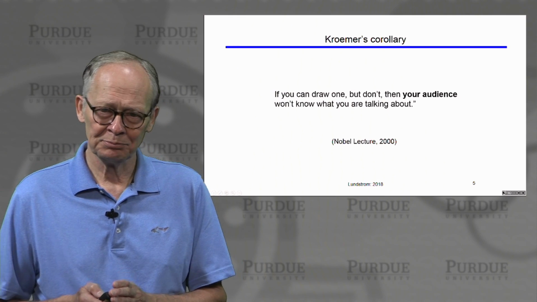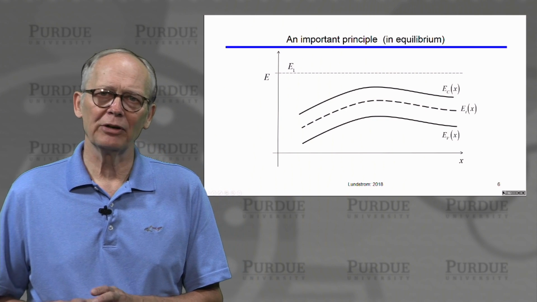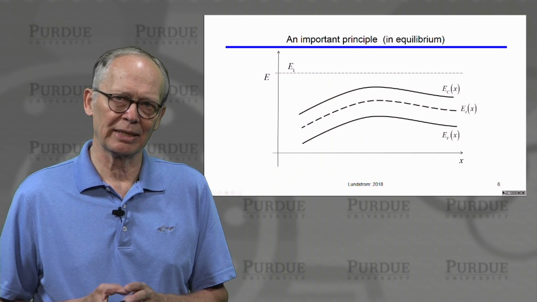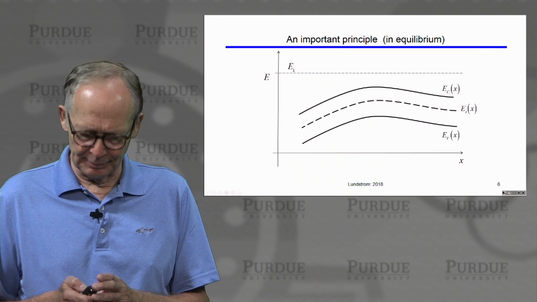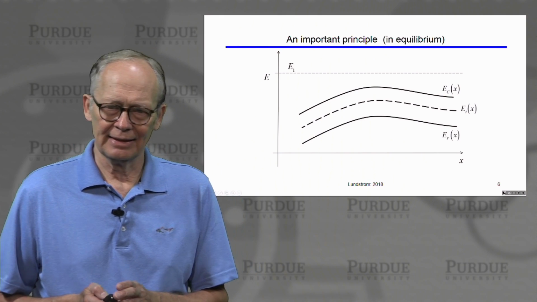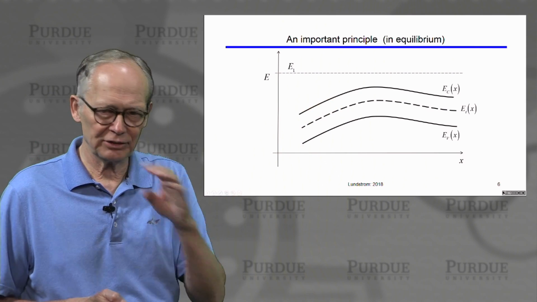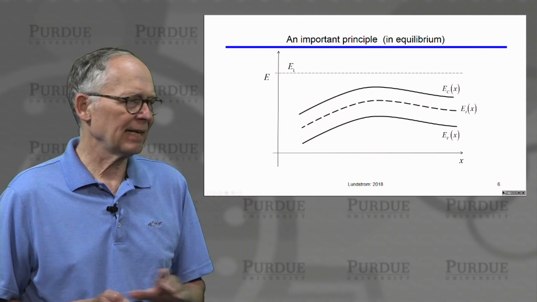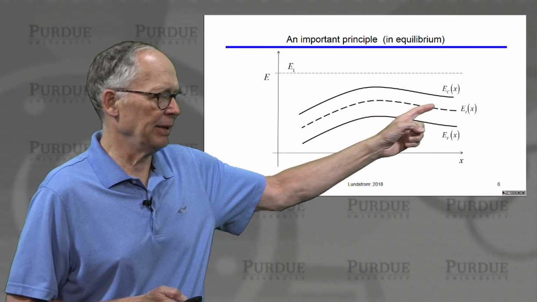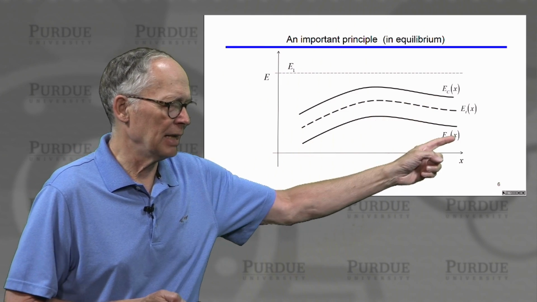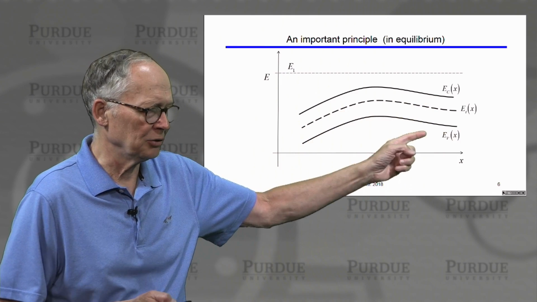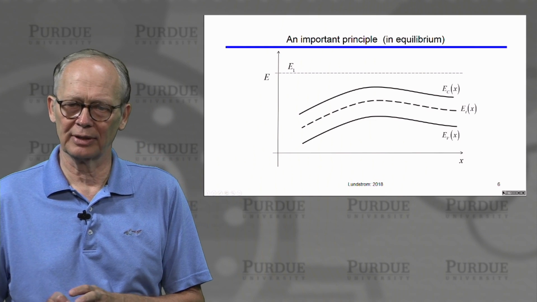Now, there'll be a very important principle when we draw these energy band diagrams in equilibrium. And that principle I can illustrate here. Here's an energy band diagram. This is a plot of conduction band versus position, valence band versus position. I've shown the intrinsic level versus position there also.